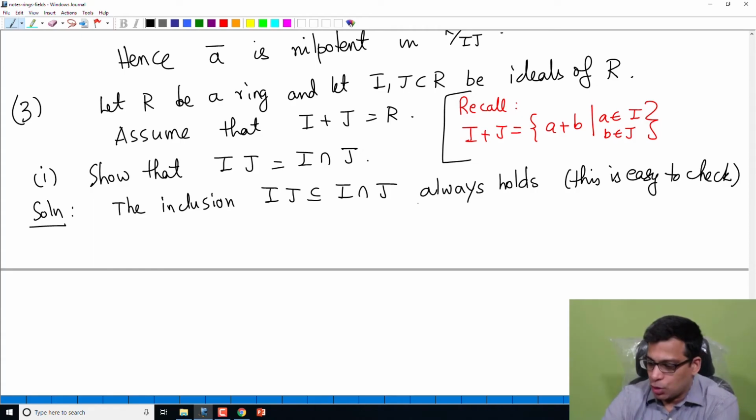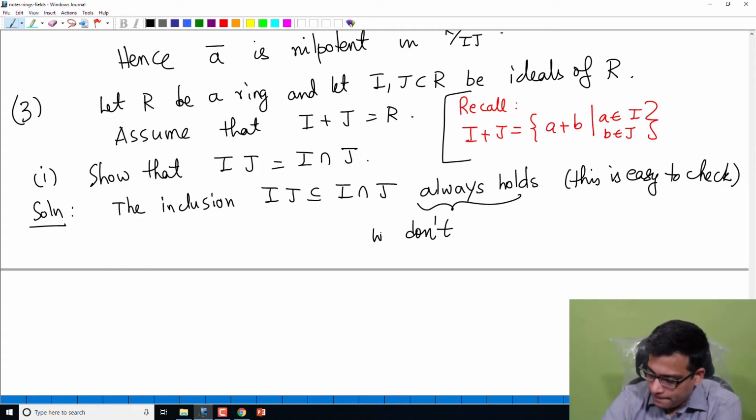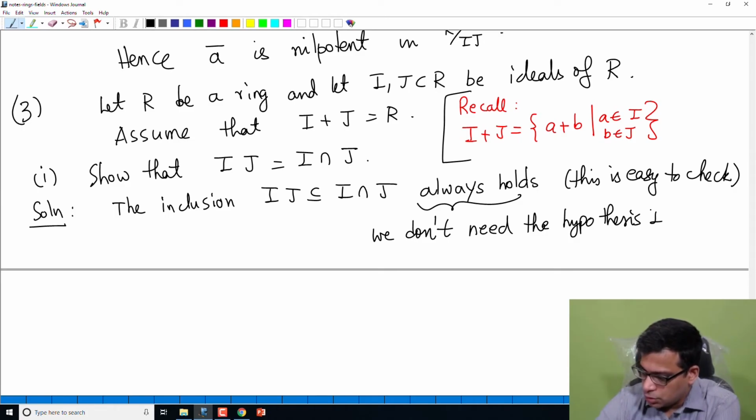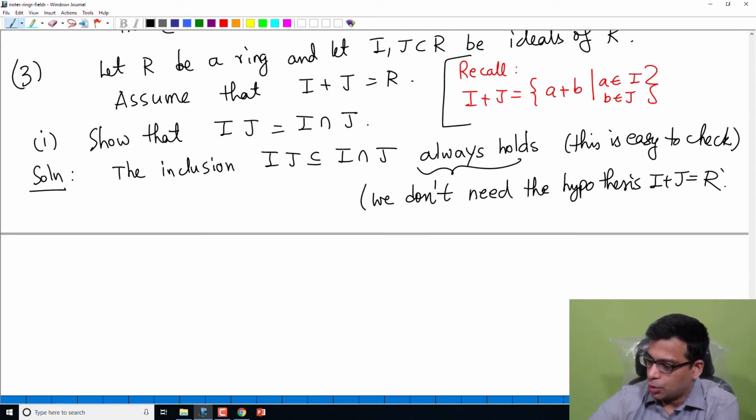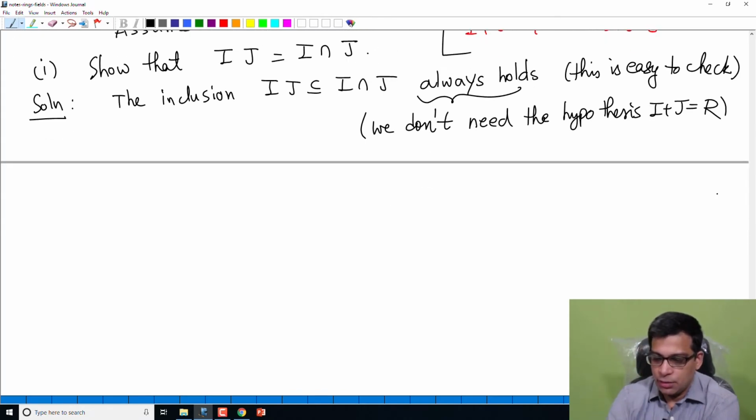What I mean by always holds is we don't need the hypothesis that I plus J is equal to R, right? So this is in general true, not just for ideals whose sum is R. Why is this? I will show you quickly why this is.